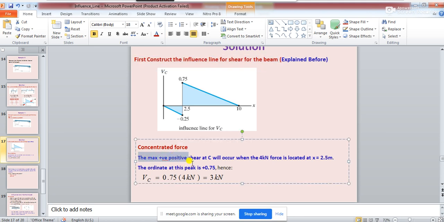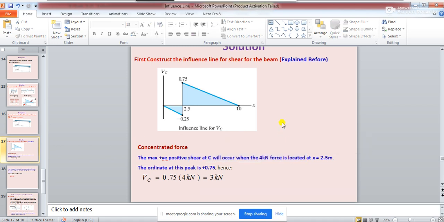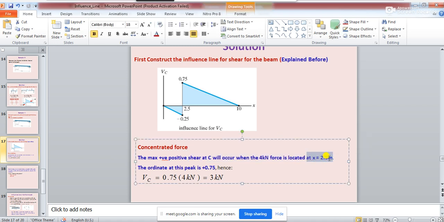Please understand this very clearly. Where will this maximum positive shear force occur? The maximum positive ordinate for this influence line diagram is 0.75, and the maximum negative ordinate for this influence line is minus 0.25. This maximum positive ordinate of shear at C will occur when the 4 kilonewton force is located at x equal to 2.5.